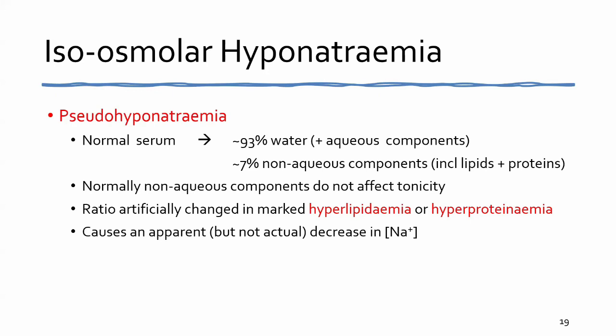Normally those lipids and proteins don't affect the tonicity, but in certain conditions like hyperlipidemia or hyperproteinemia, the ratio is artificially changed, and so it causes an apparent decrease in the sodium concentration, but it's not a true hyponatremia. All right, these are rare conditions. We're unlikely to see these often.